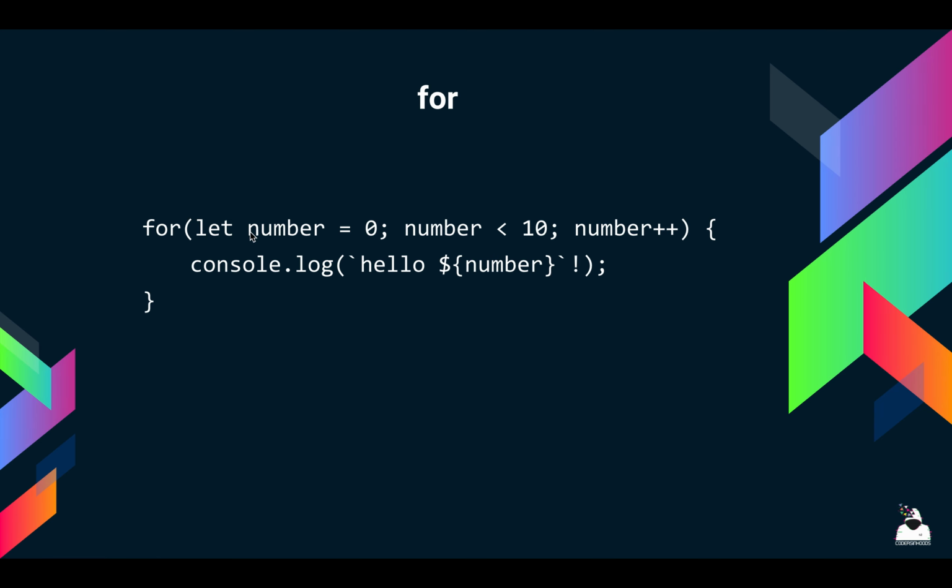First one is where we initialize. This runs once when the for loop starts, and this is where we create our counter. So we create a variable that we're going to use, call it number. We start at 0. Then it's separated by a semicolon.